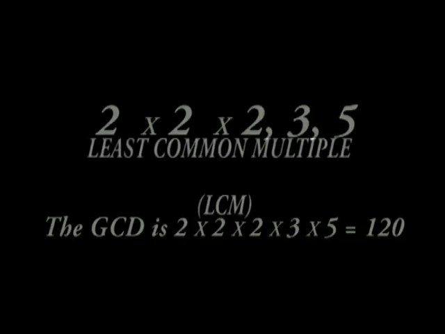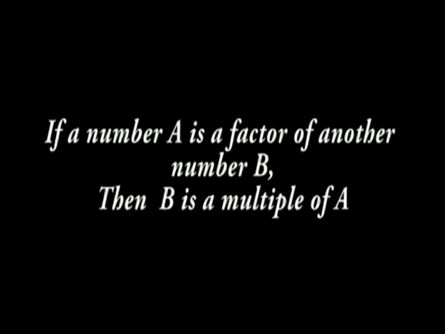Let us look at LCM. If a number A is a factor of another number B, then B is a multiple of A. For example, 80 is a multiple of 1, 2, 4, 5, 8, 10, 16, 20, and 40.